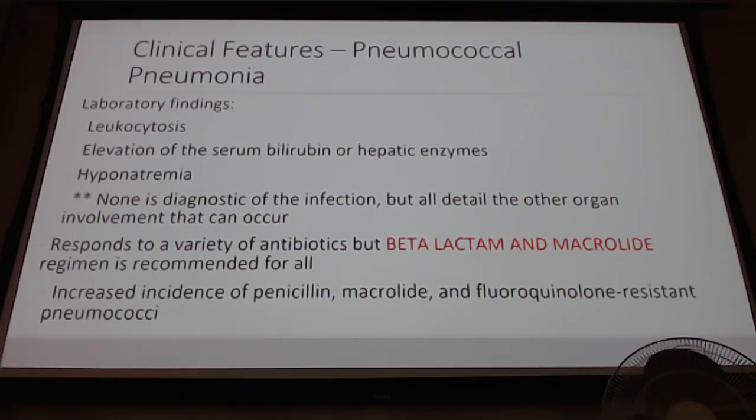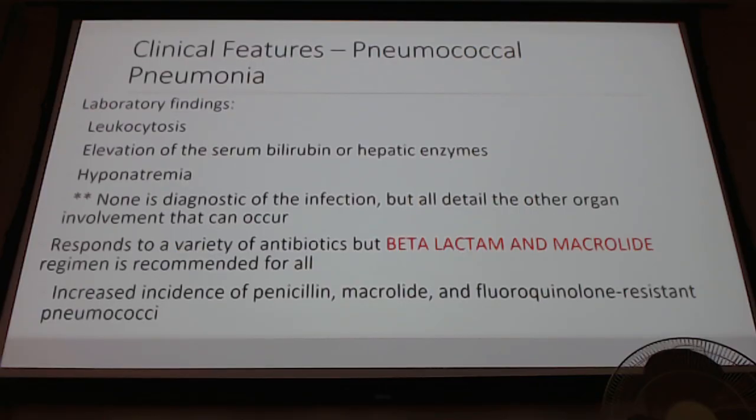All right. So in these patients, labs can be helpful, but as hopefully you guys learned in pulmonology, pneumonia is a clinical diagnosis, so you don't need labs and imaging for it. Now they can help you, especially if you're trying to determine how sick this patient is, but most of the time if you get a CBC and a CMP, you'll see a leukocytosis.